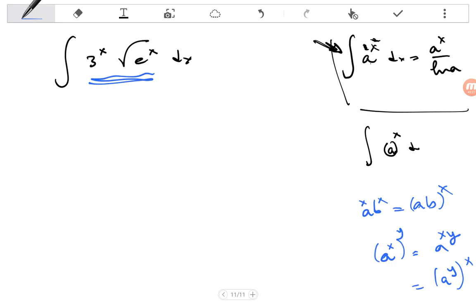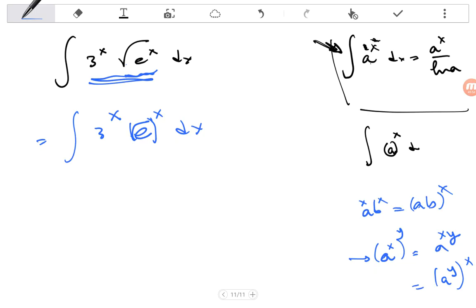These are all the same. So for this case, I can write 3 power x, and here I can apply this rule. It will be e power half, which is root e, all power x. What about this? Is it the same? Yes, the same.